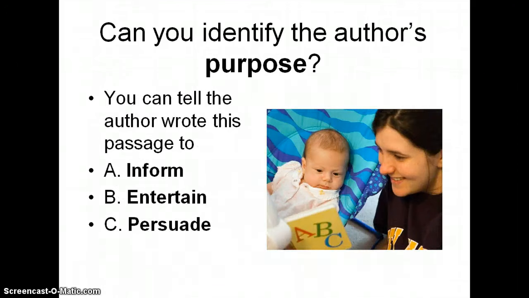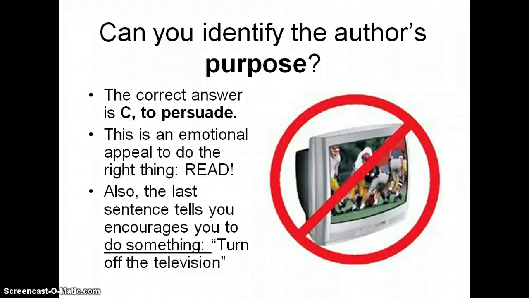Let's see if you're right. You can tell the author wrote this passage to, let's see, the correct answer is C, persuade. This is an emotional appeal to do the right thing. Also, the last sentence encourages you to do something: turn off the television.